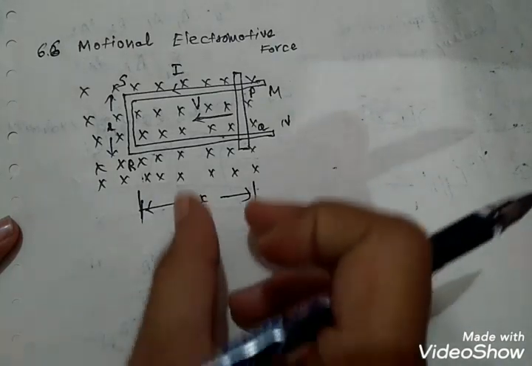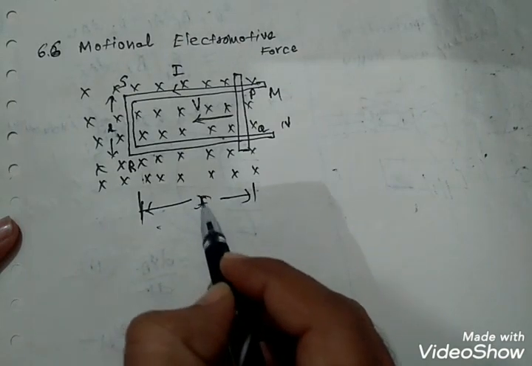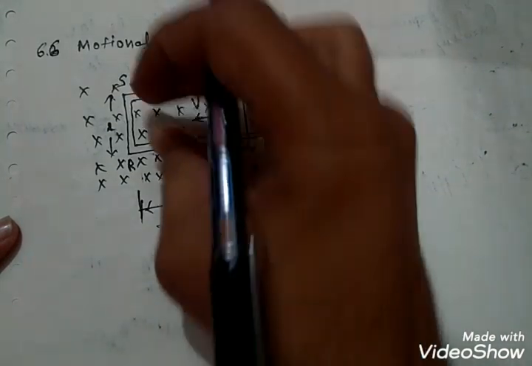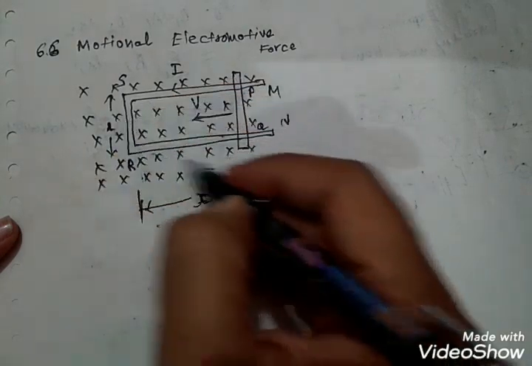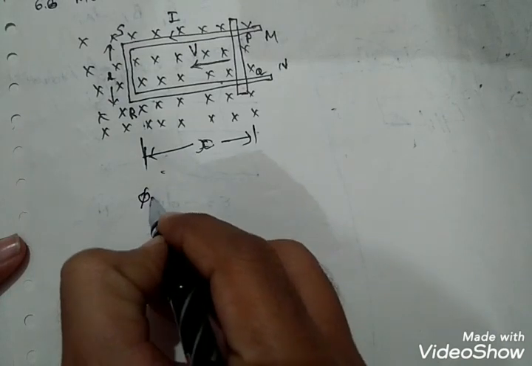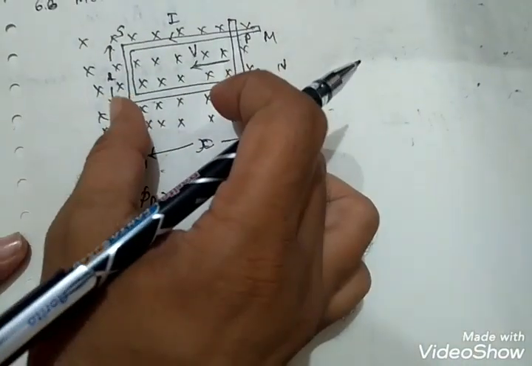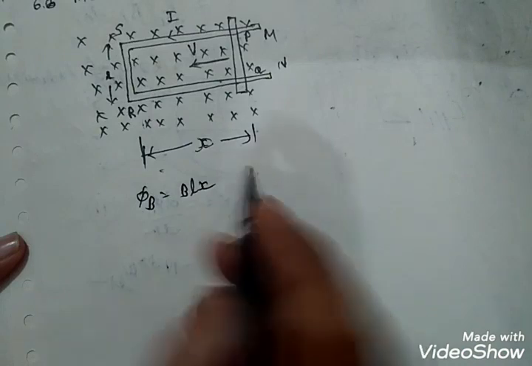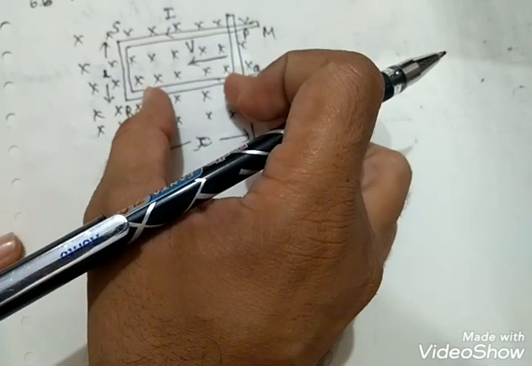If the length of RQ is equal to X, and this RS has length L, the magnetic flux phi B enclosed by the loop PQRS is given by phi B is equal to BLX, with L the length of RS and X this length. So BLX. Since X is changing, the flux is changing with time.